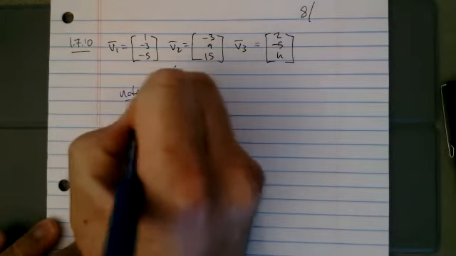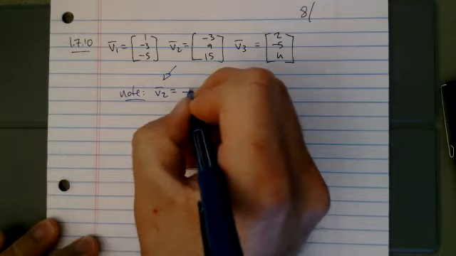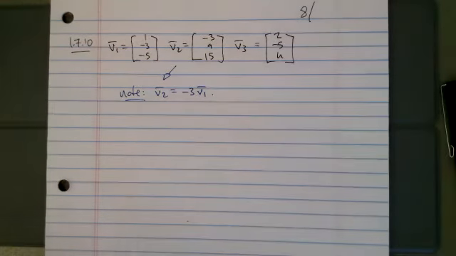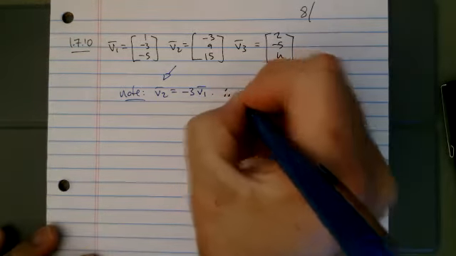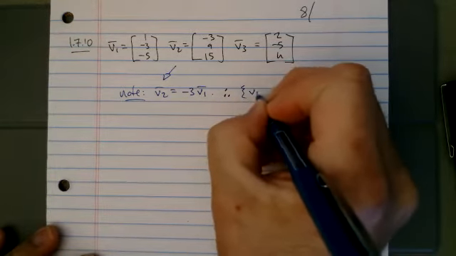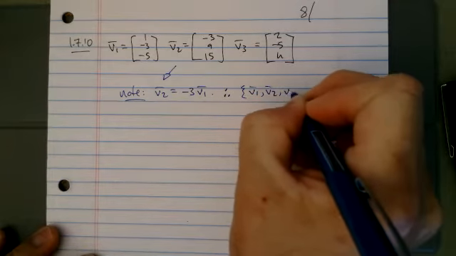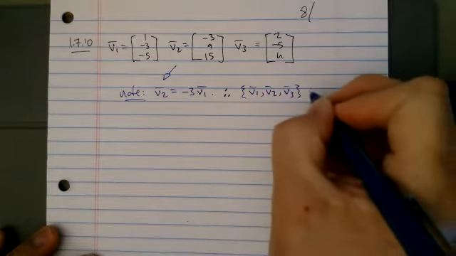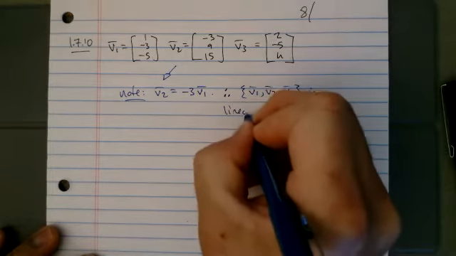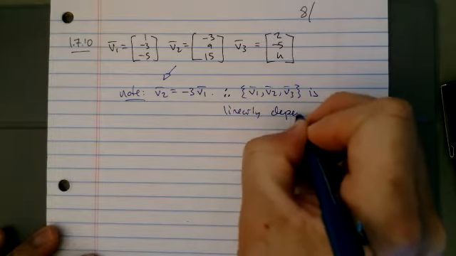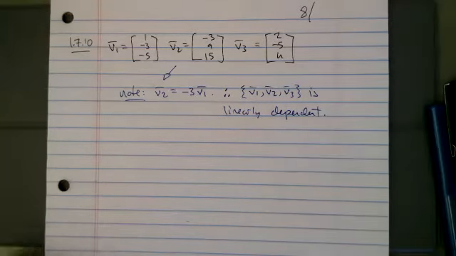So first thing we want to note, V2 is just -3 times V1. So that means V1, V2, V3 is definitely a linearly dependent set. The set of vectors V1, V2, V3 is linearly dependent. That's a characterization of linearly dependent sets.